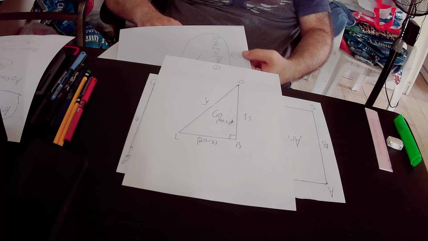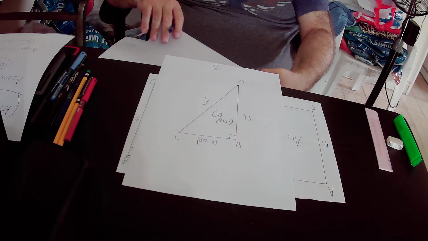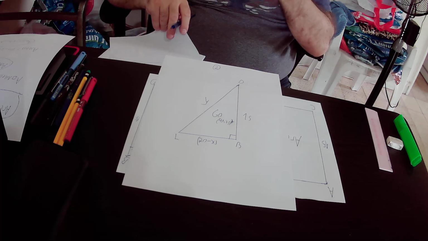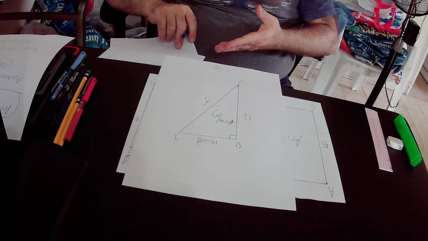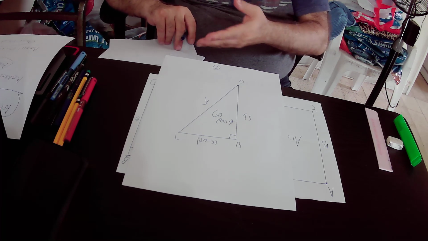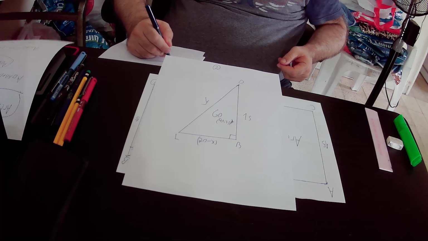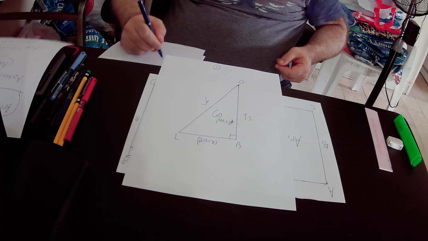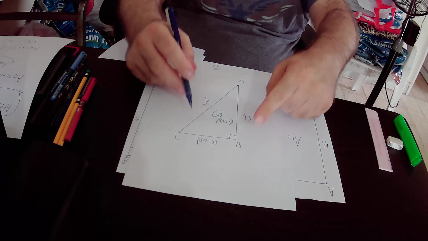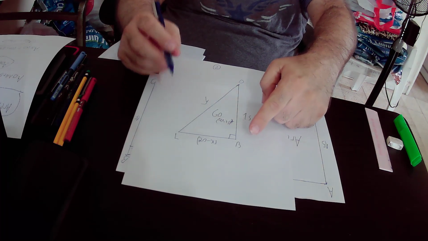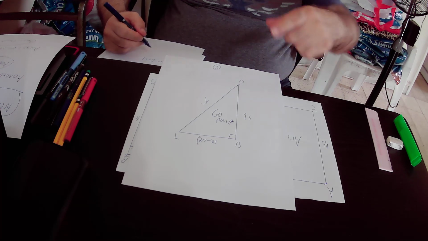So we can calculate the area of this right triangle LBD according to the formula that calculates the area of a triangle, that is the base times the height over 2. So the area of right triangle LBD will be equal to the base of the triangle, that is 20 minus x, times the height to the base.